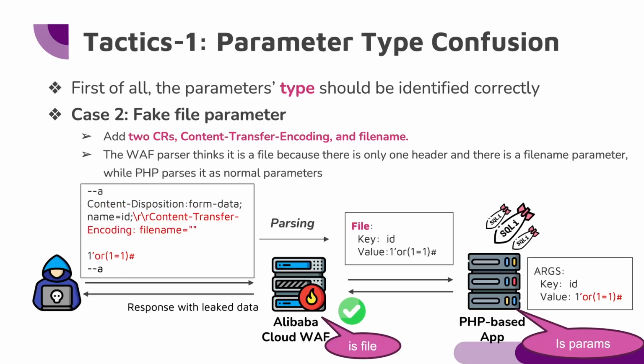In this case, we found that an attacker can make Alibaba Cloud WAF believe that he is transferring file parameters rather than normal parameters.